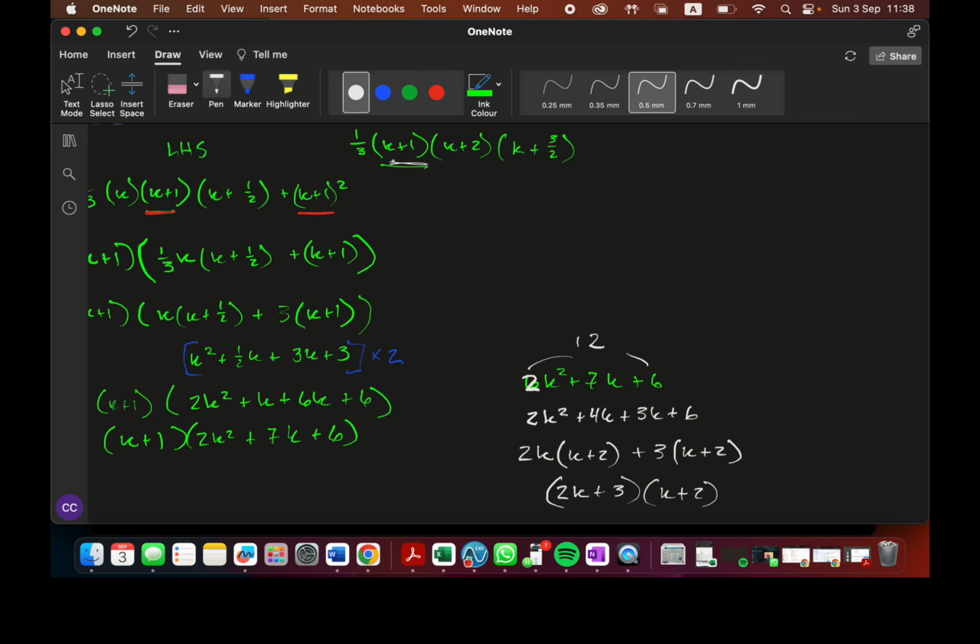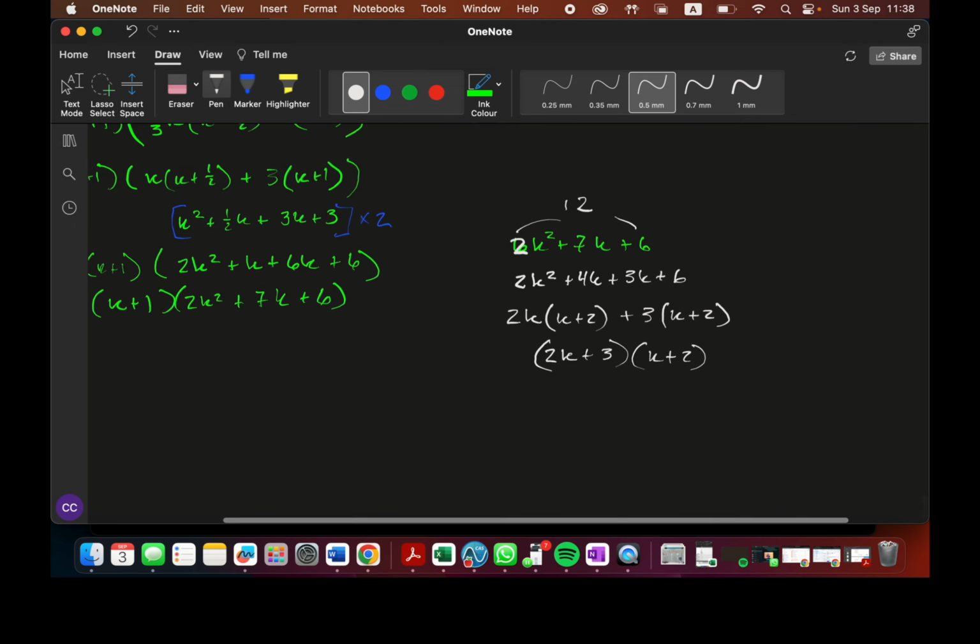So now with what I've got, k plus 1, I've got k plus 2. Now I just need to make this look the same. If I multiply, oh yeah, 2k plus 3 is the same as k plus 3/2 times 2.